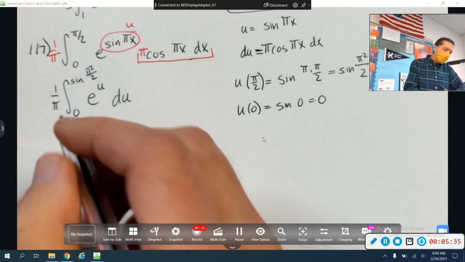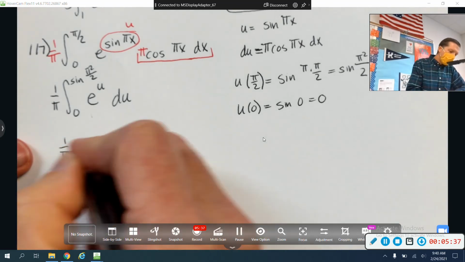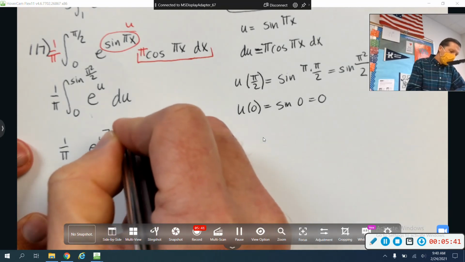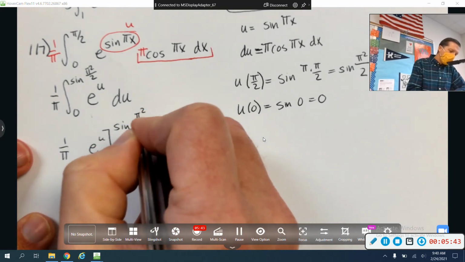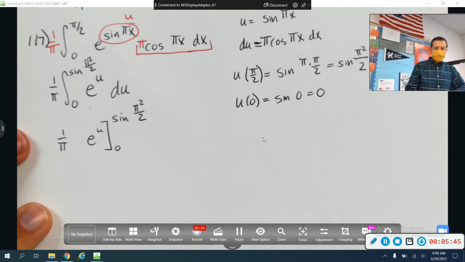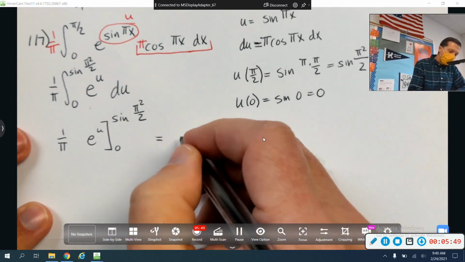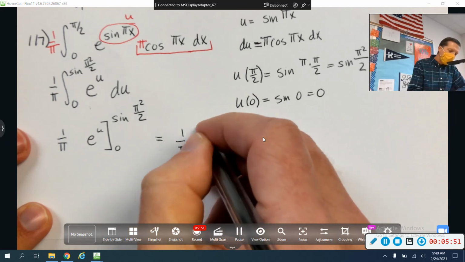So the integral of e to the u is e to the u, from 0 to sine of pi squared over 2. Whatever, we're going to have a massive mess in this thing.